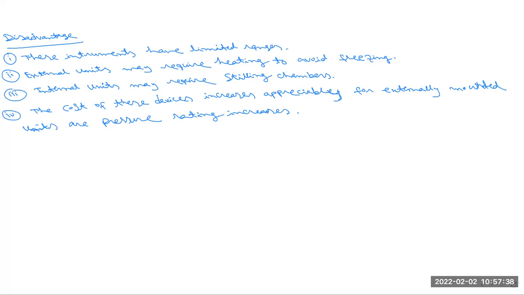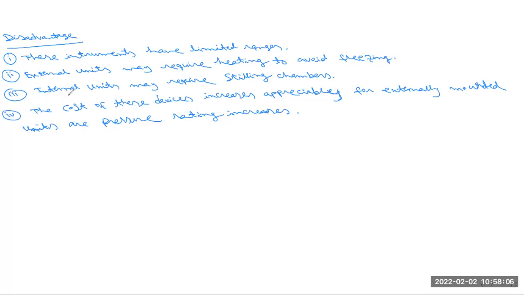So the instrument has a limited range. Number two, external units may require heating to avoid freezing, because when you use this in a cold area, this type of level detector can also freeze. So using the external device, sometimes you require heating to avoid the freezing.